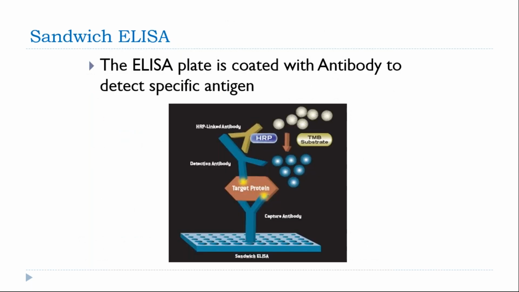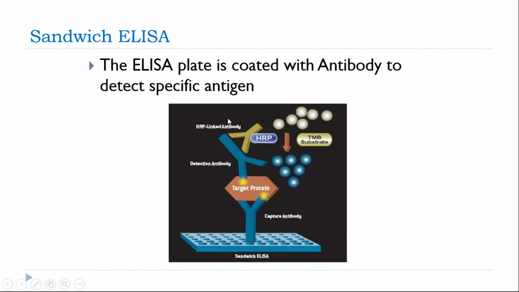Then we have what is known as sandwich ELISA. In sandwich ELISA, we generally use coated plates, which are 96 well plates, or they could be 8 well strips. The 96 well plates or the strips are already pre-coated with the antibody for the analyte in question.